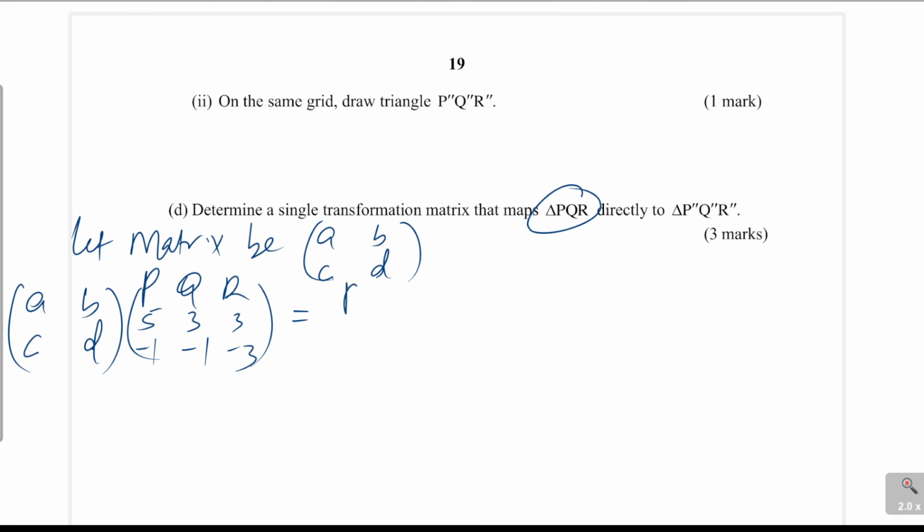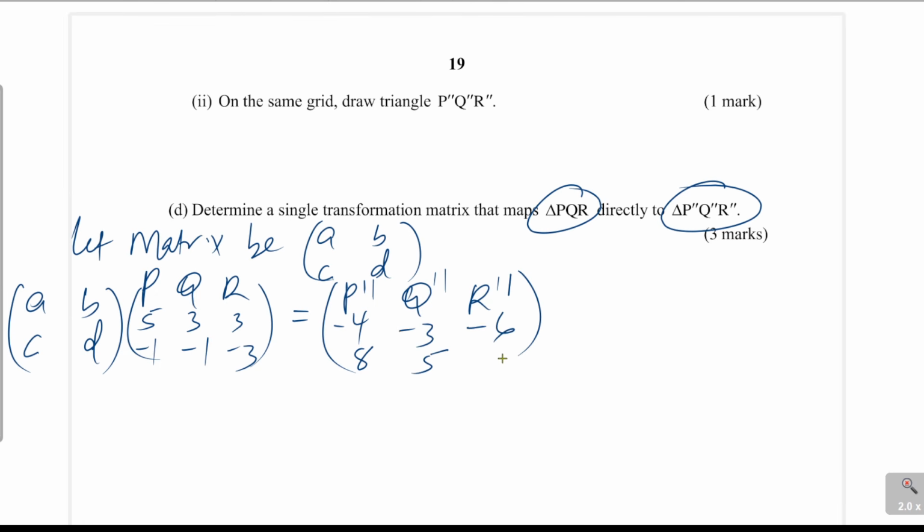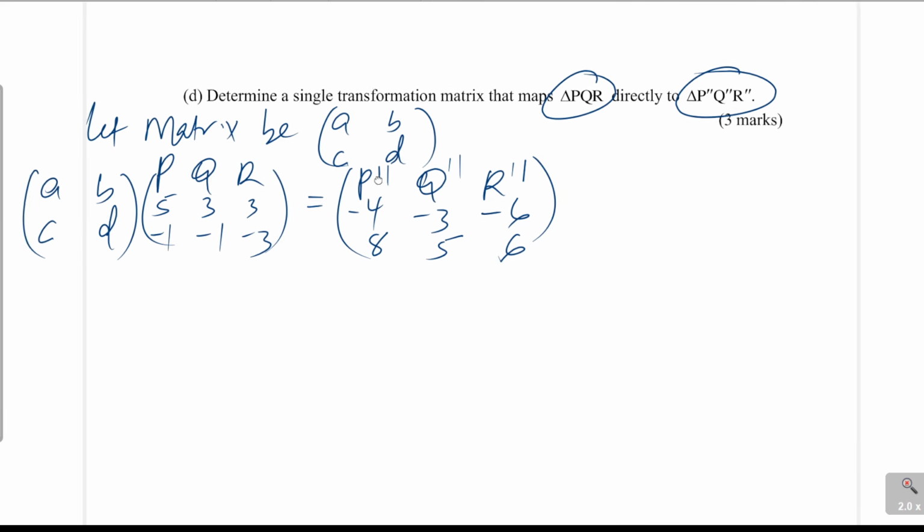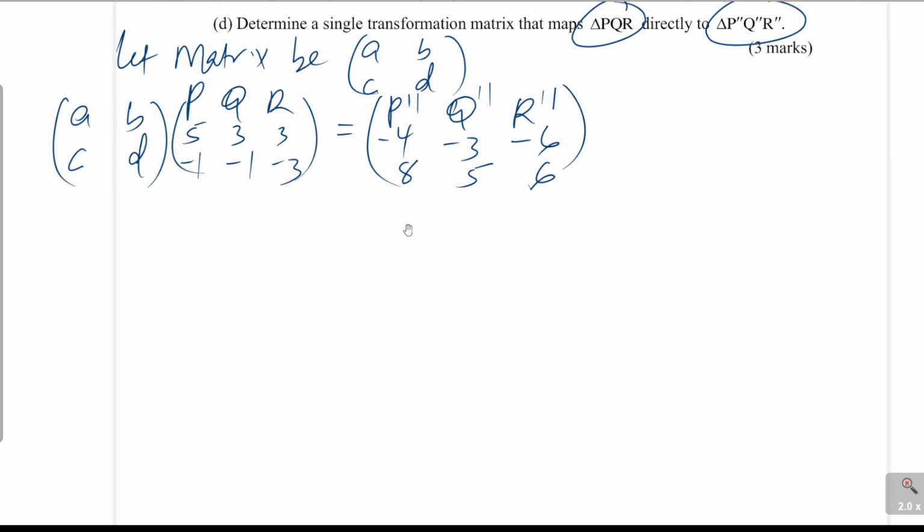I will get P double prime, Q double prime, R double prime, which are -4, 8, -3, 5, and -6, 6. I want us to go directly to solving these, so we don't need to multiply everything. We can multiply up to that point only.